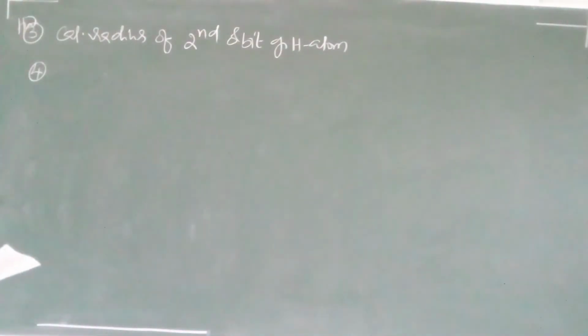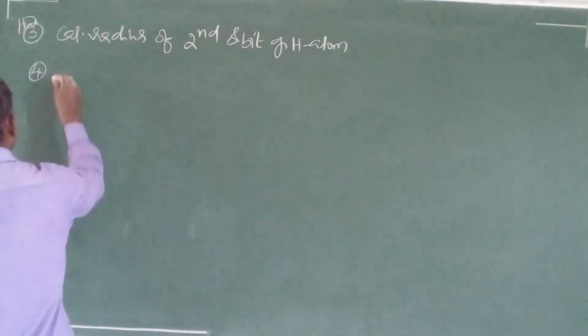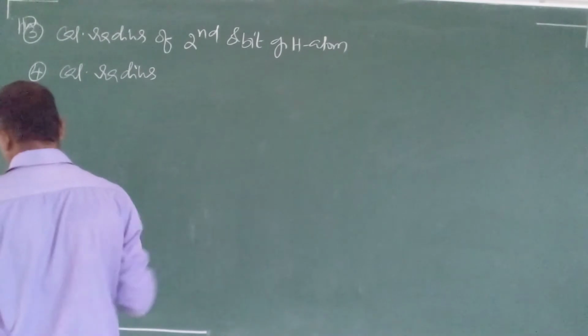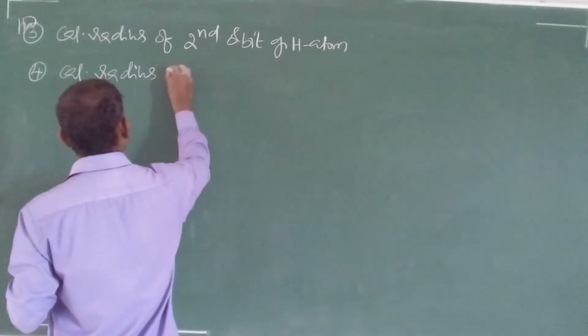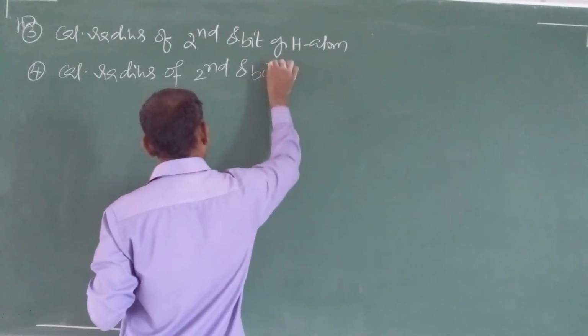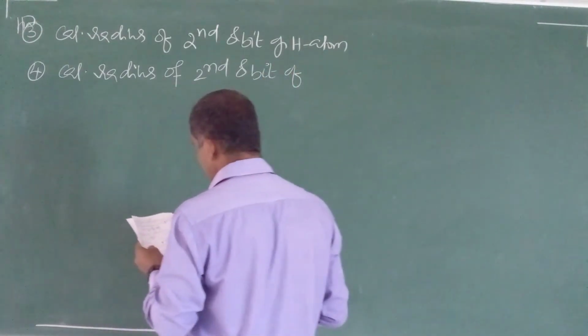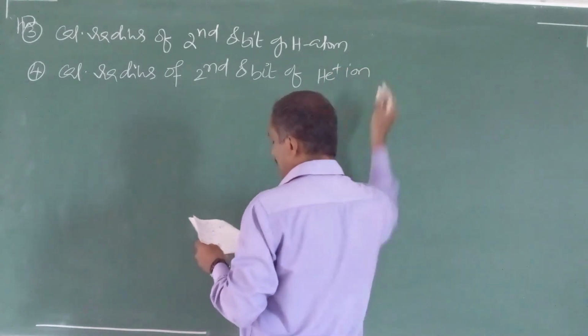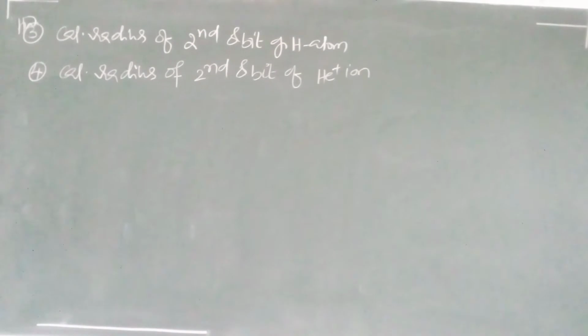Next, fourth one. Calculate radius of second orbit of He plus ion. So here they given He plus ion, second orbit.